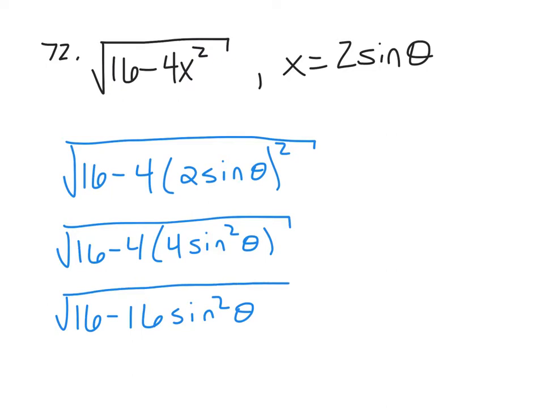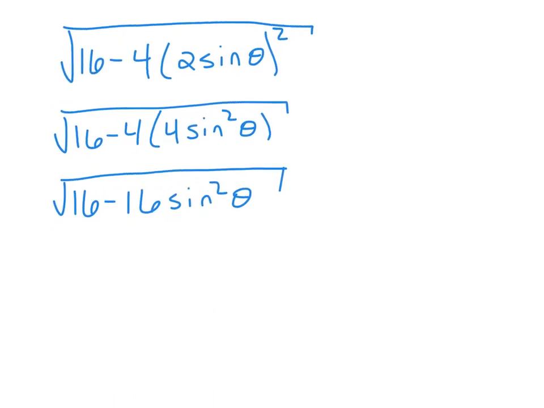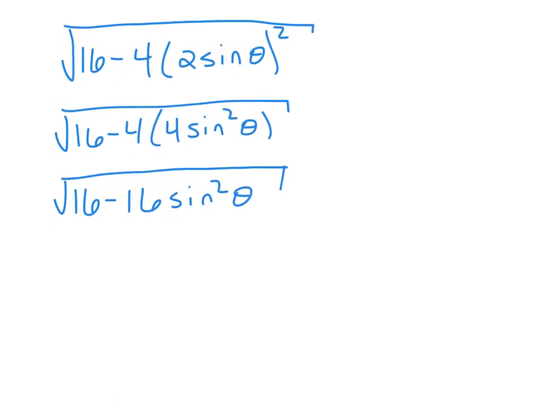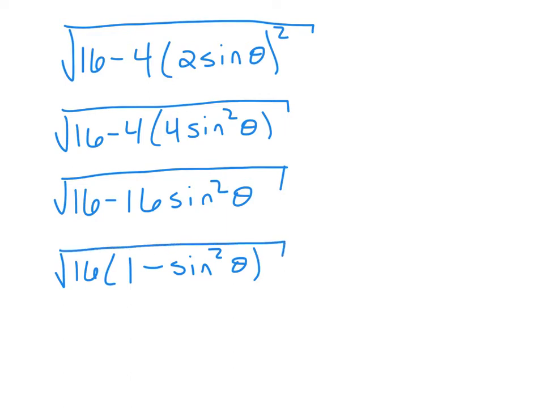Again, whenever you're seeing a square, you should definitely be thinking of those Pythagorean identities at some point. Now, of course, none of those happen with a 16. So let's take out a 16 inside this radical. So we factor out a 16. We're left with 1 minus sine squared of theta. And sure enough, that's going to be that first Pythagorean identity.